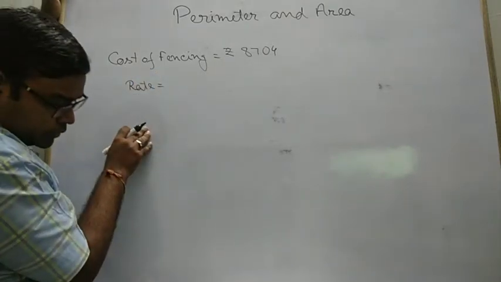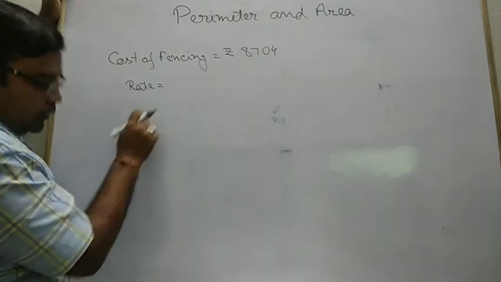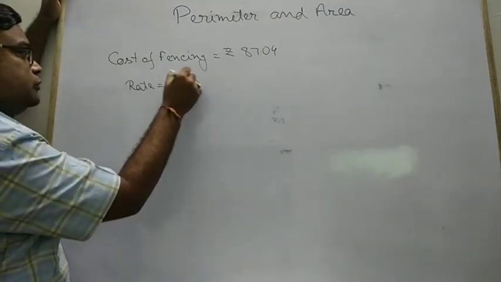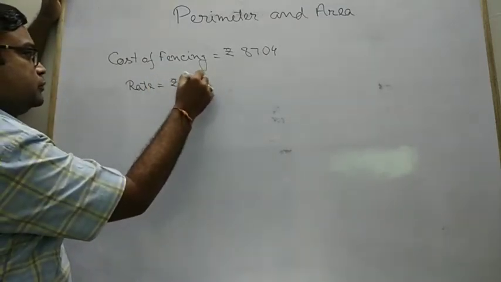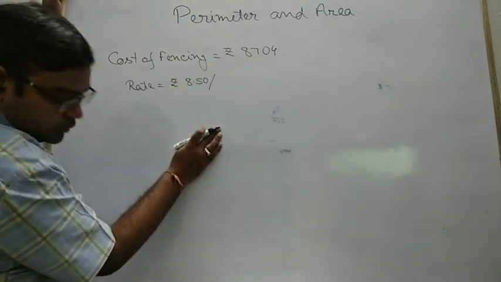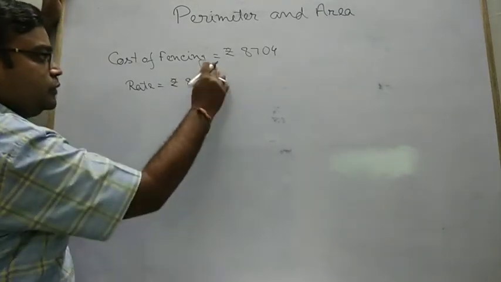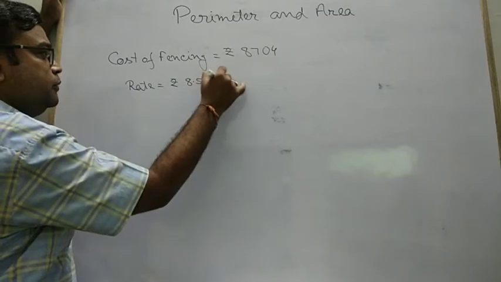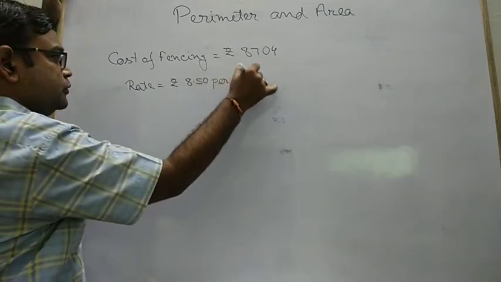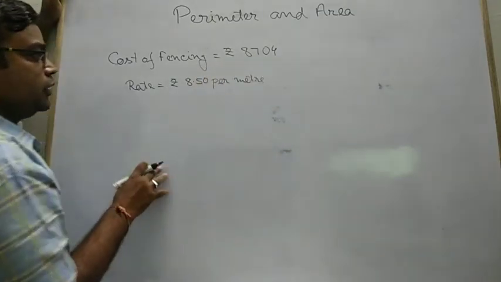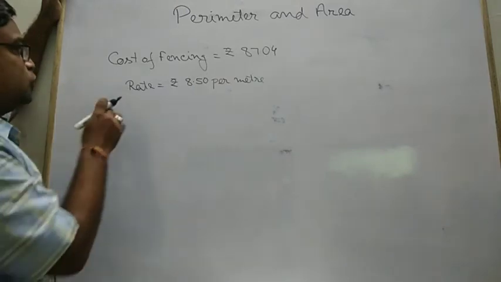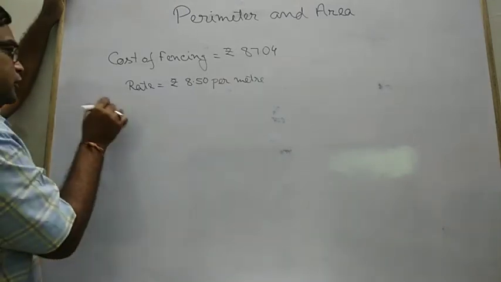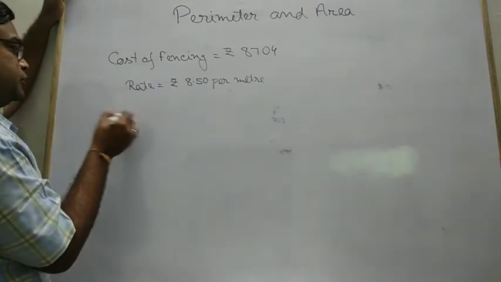Rate is 8.50 per meter. Okay, use the word per meter. Clear? It's a square field. So from this, we can find out the perimeter.